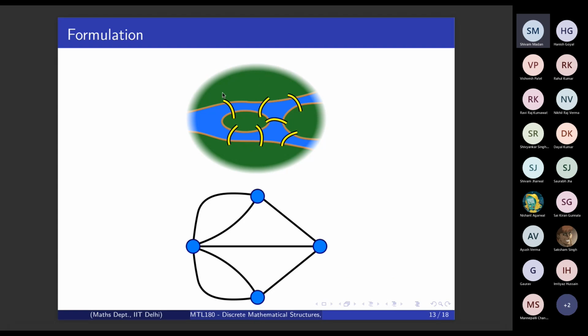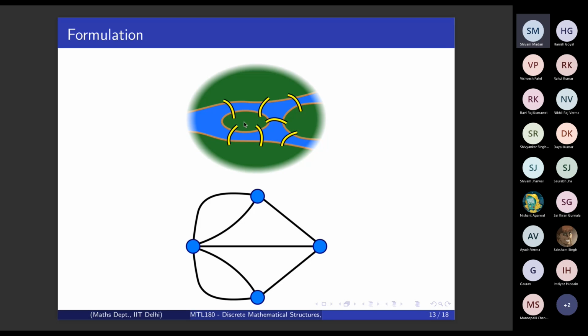This upper portion, the green portion, we have taken as this vertex. This inside portion we have taken as this vertex. The lower portion we have taken as this vertex, and this portion as this vertex. Now we can see that this portion is connected by two edges, two bridges. Therefore, this vertex and this vertex are connected by two edges.